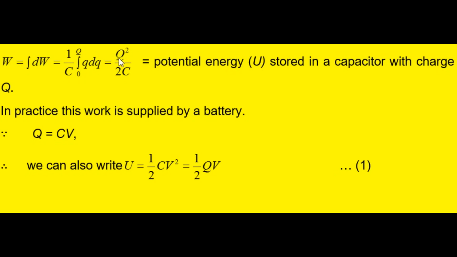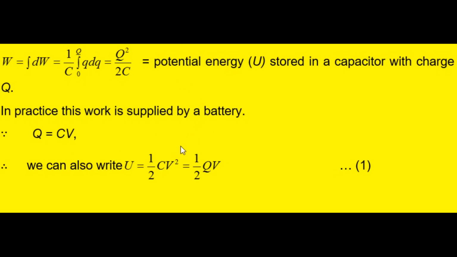Q square will be equal to C square V square, and the denominator is 2C. So U will be equal to half CV square, and it will also be equal to half QV, as C is equal to Q upon V.